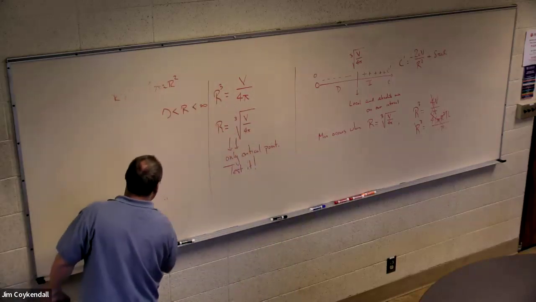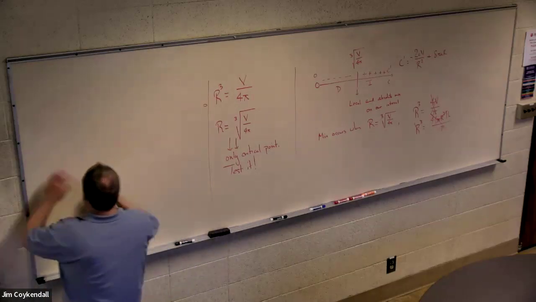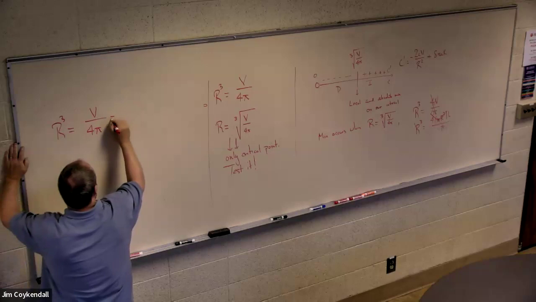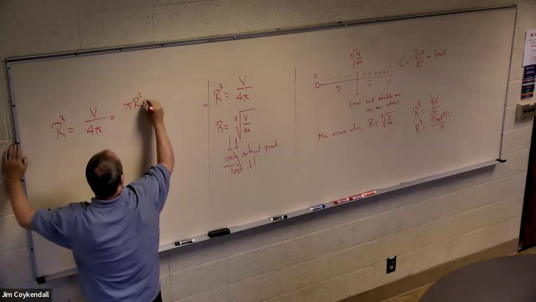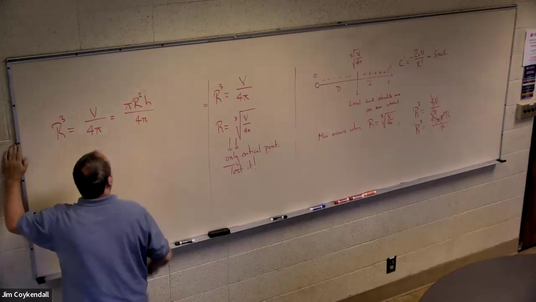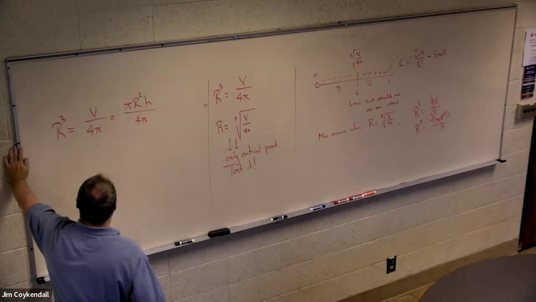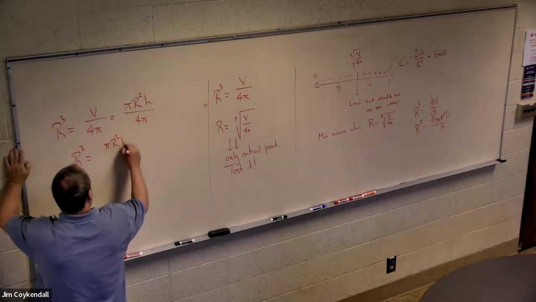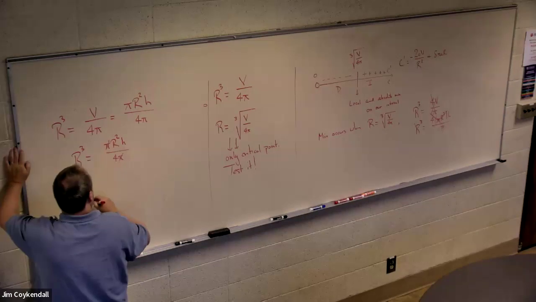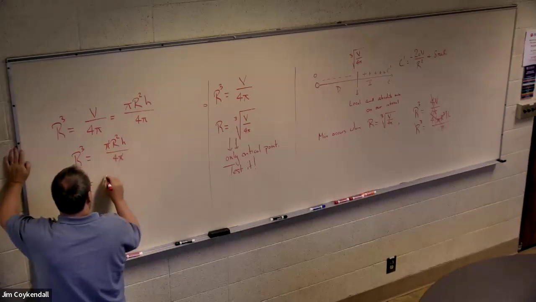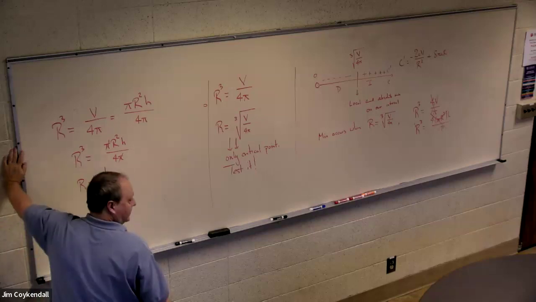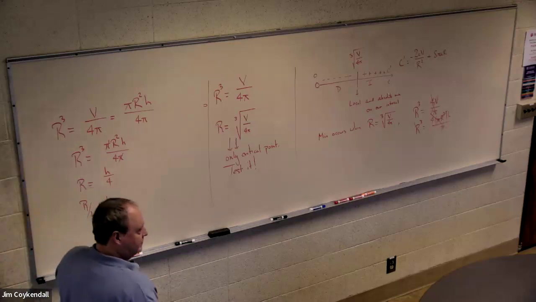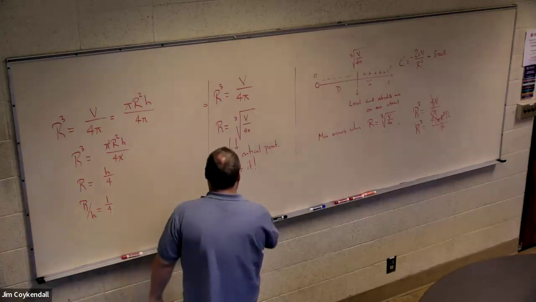I put the 4 on the top instead of the bottom, for some crazy reason. So I have r cubed is equal to V over 4 pi, which is pi r squared h over 4 pi. So cancel the pi, cancel 2 r's, we get r is h over 4, or r over h is 1/4.